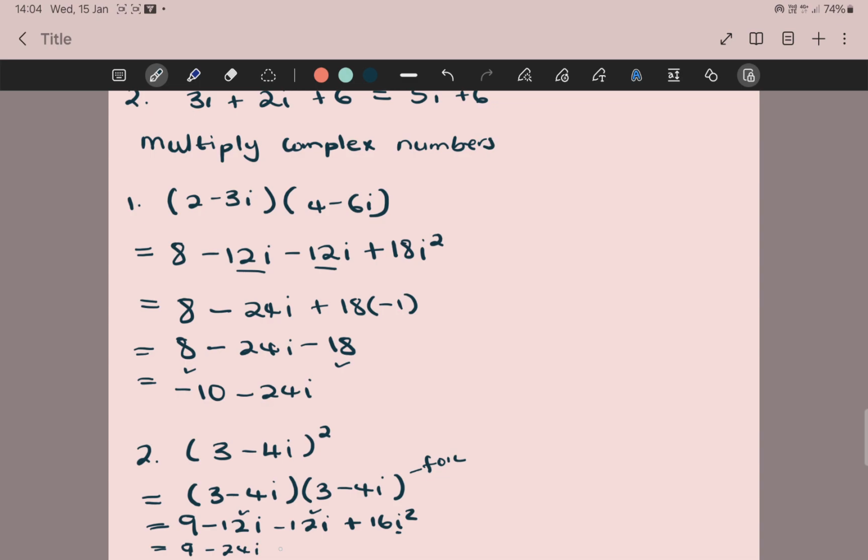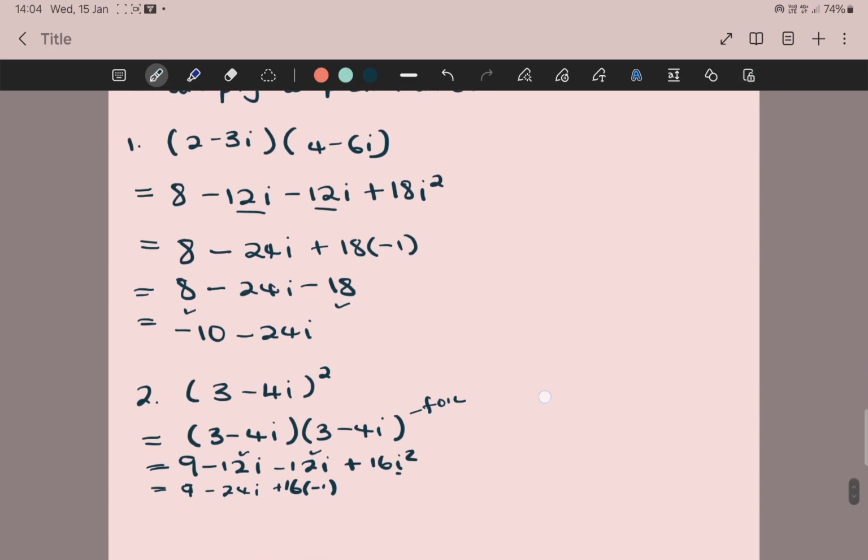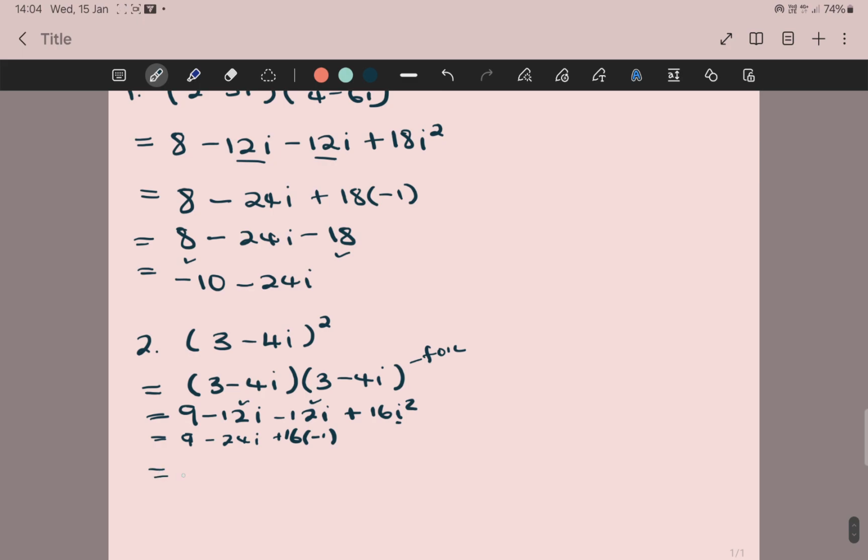And then plus 16. The i squared becomes negative 1. Then going down, I have 9 minus 24i. 16 times negative 1 is negative 16.